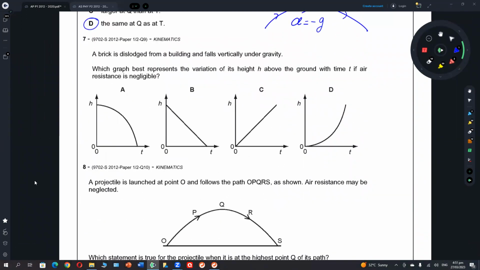A brick is dislodged from a building and falls vertically under gravity. Apparently, he says that, and then he makes it clear that air resistance is neglected. So when air resistance is neglected, it means acceleration is constant. Acceleration is constant means velocity is increasing at a constant rate.